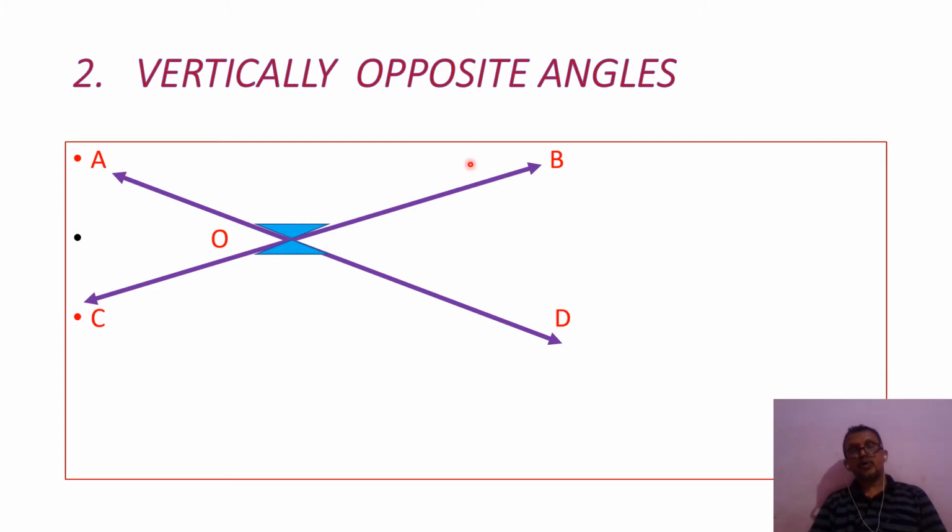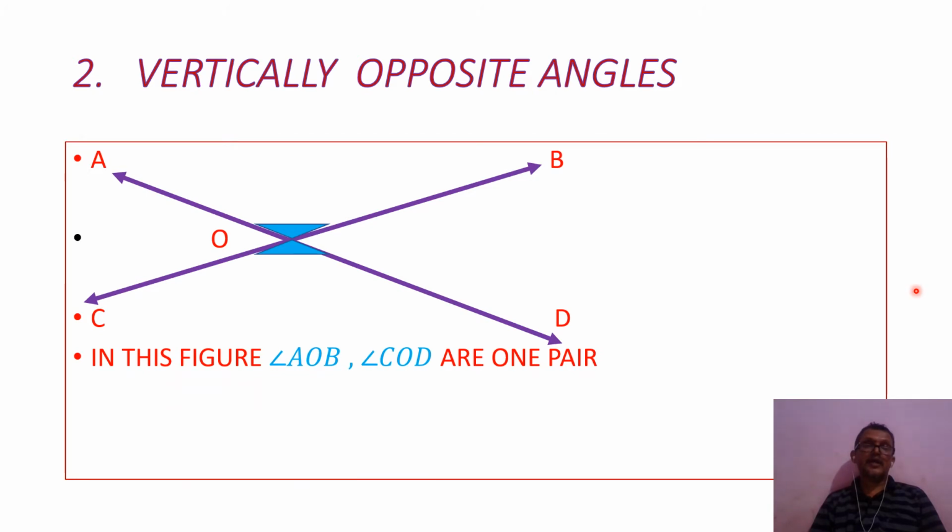Angle AOB and angle COD are vertically opposite angles. Similarly, angle AOC and angle BOD are vertically opposite angles. So when two lines intersect each other, two pairs of vertically opposite angles are formed.